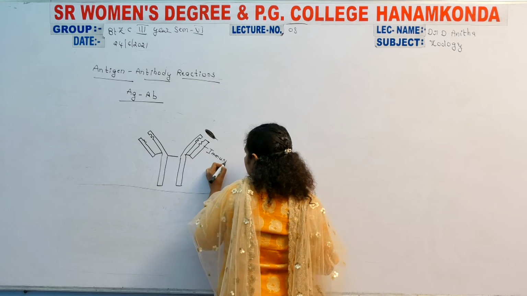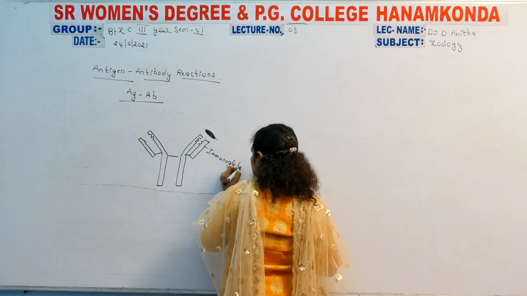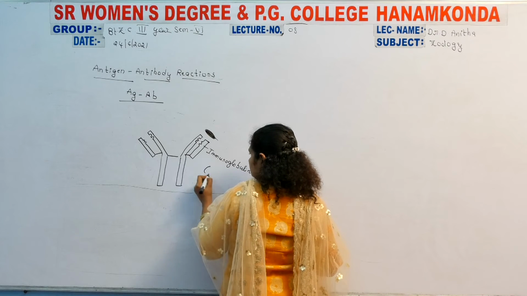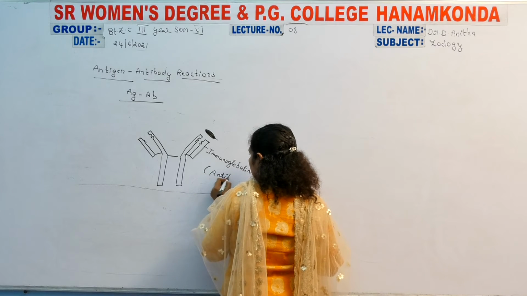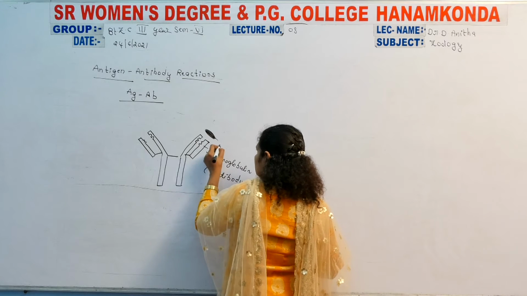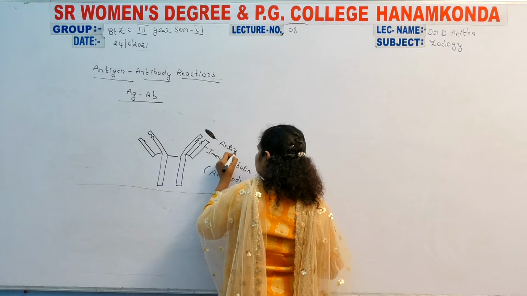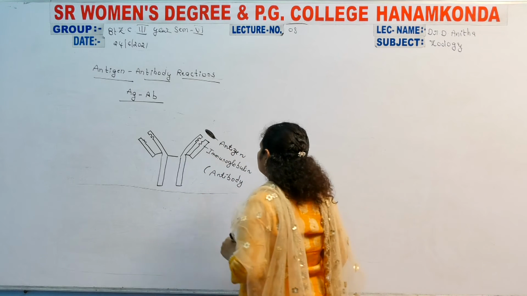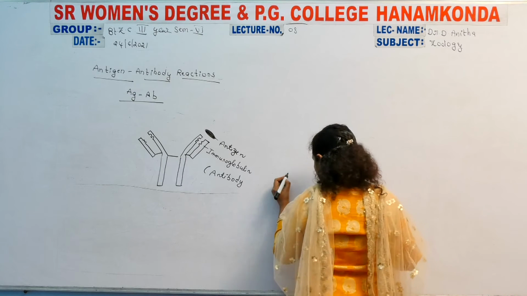Immunoglobulin. It was antibody. This is the antigen.